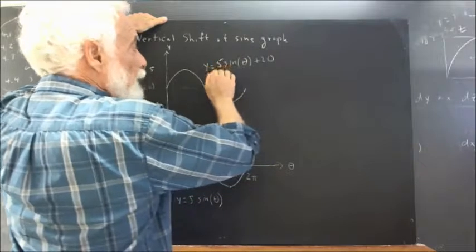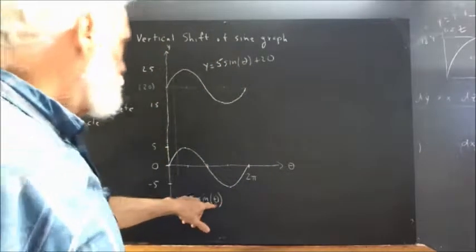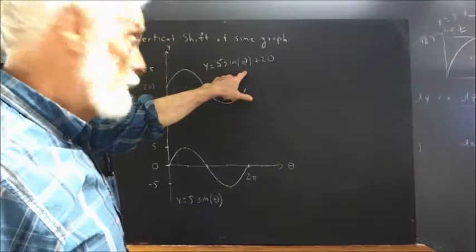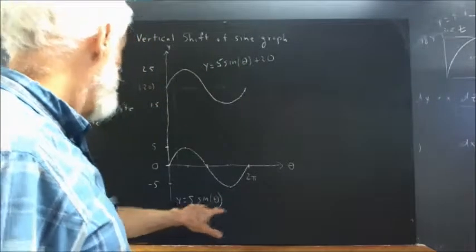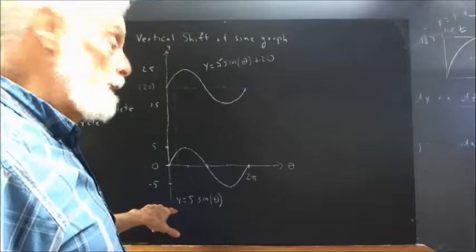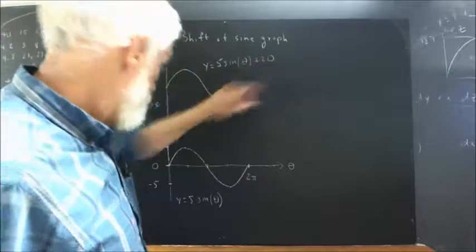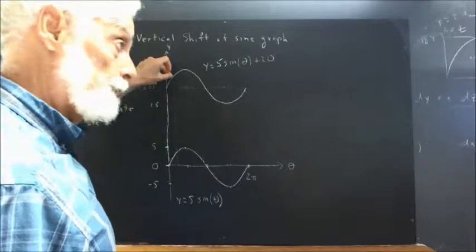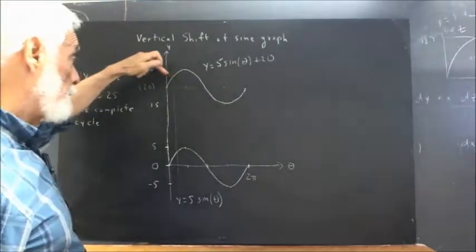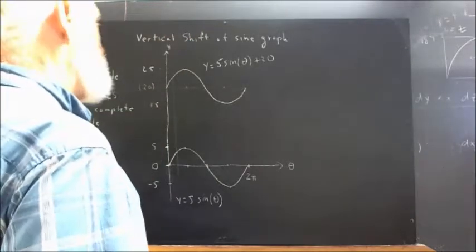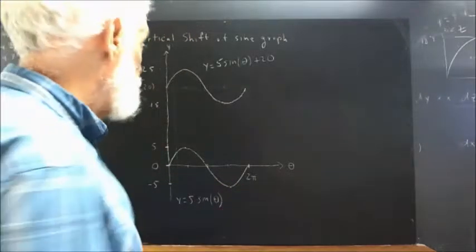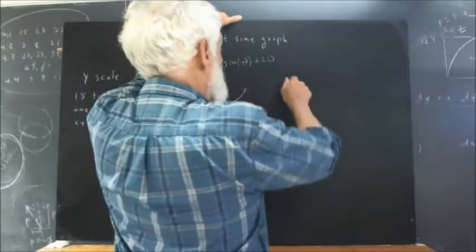It should be y equals 5 sine theta. Okay. So if we take our value of theta here, plug it in, we get the value of the sine, multiplied by 5, we get the same thing that we got down here. Then we add 20 to it to raise this point up 20 units, and now we have the y coordinate on this graph. So this is how we vertically shift a graph of a sine function.